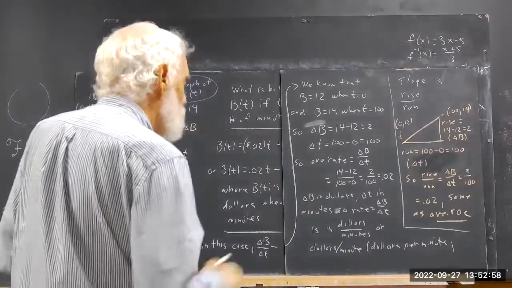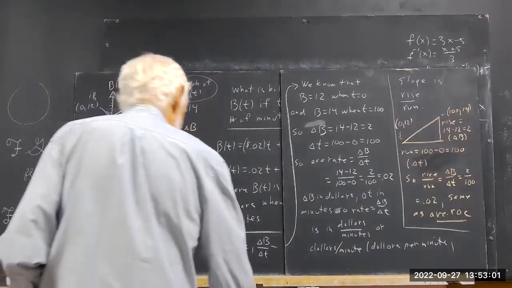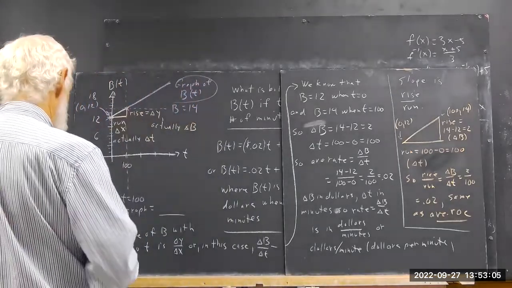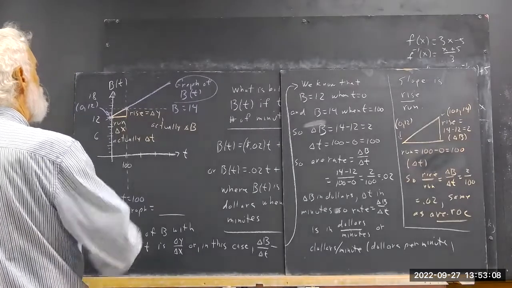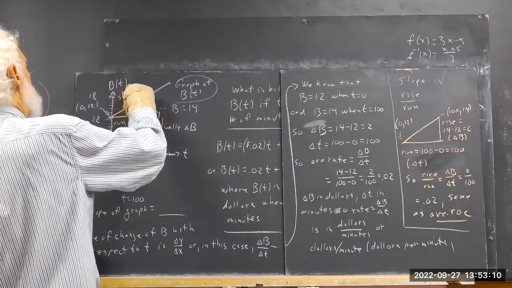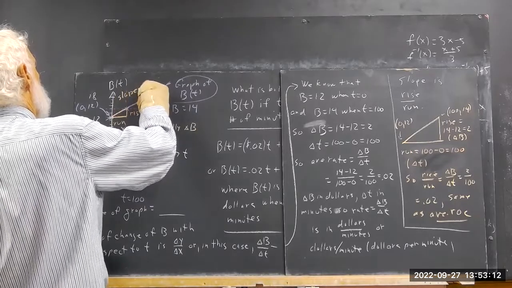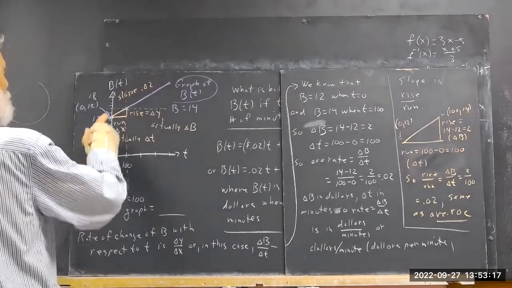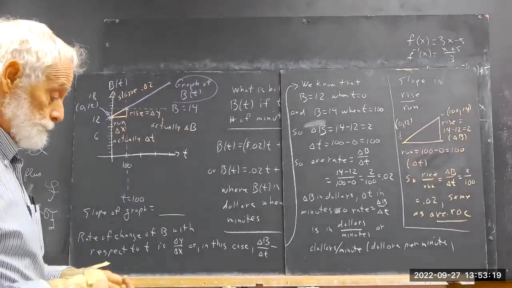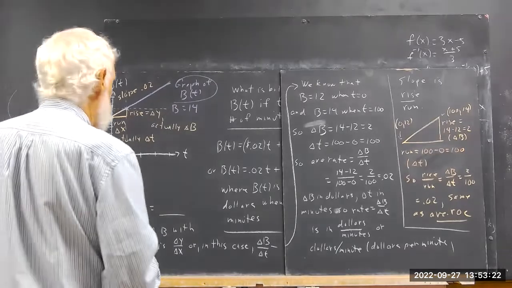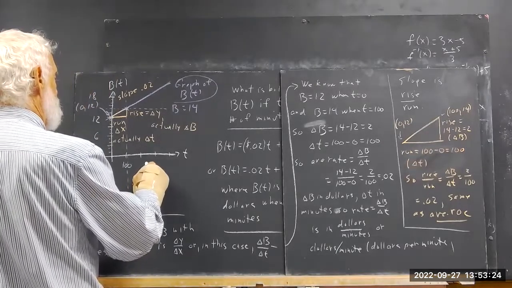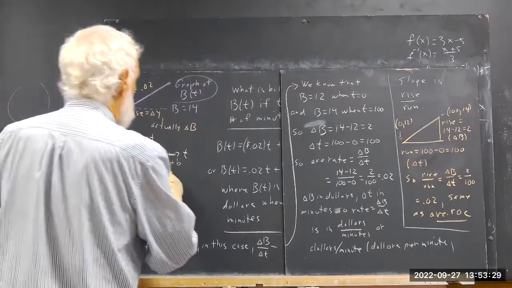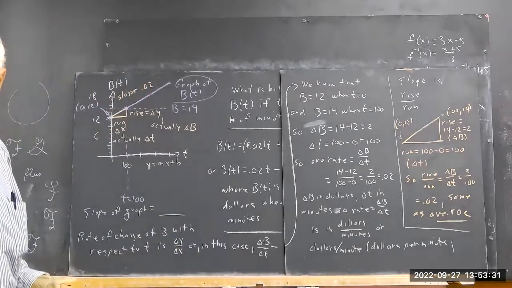Just very quickly, something you almost certainly know. The slope is 0.02, your y-intercept is 12. So the equation is, well, y equals mx plus b is your slope intercept form.